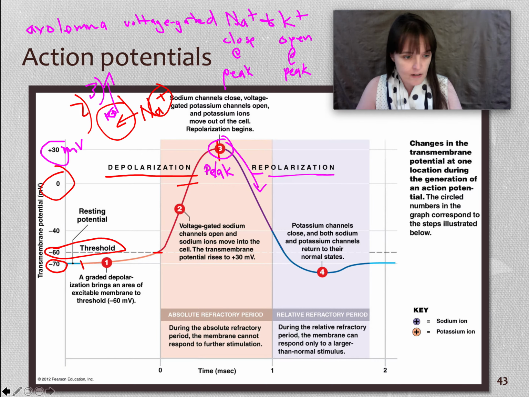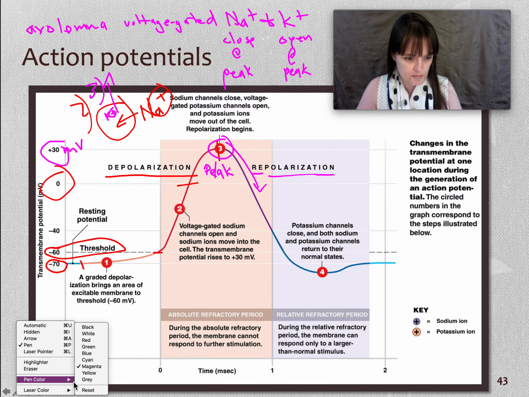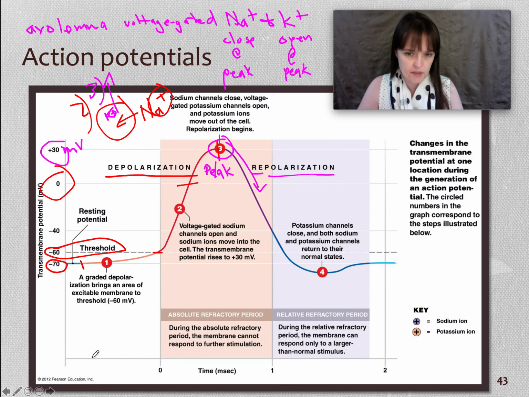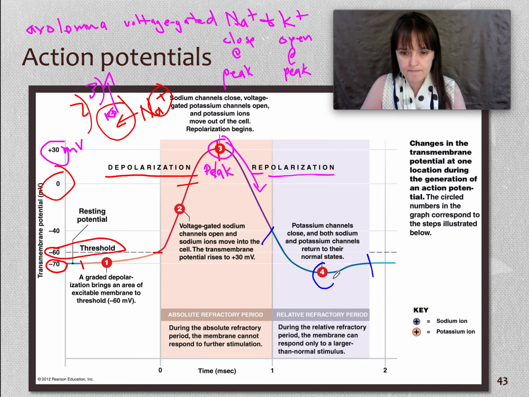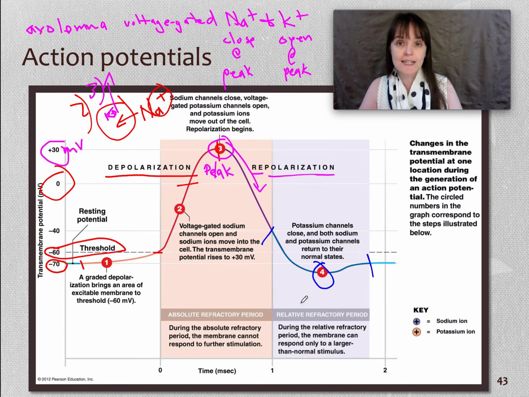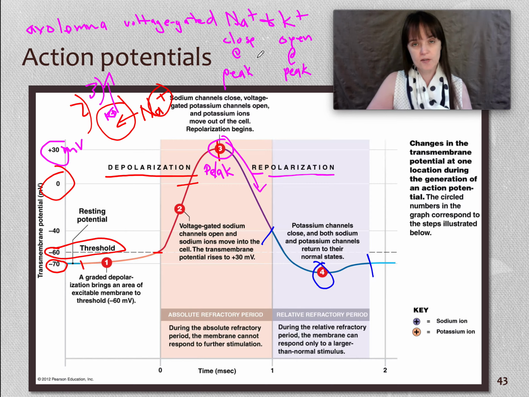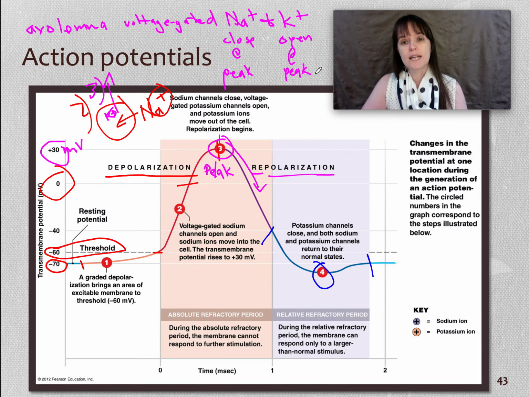And then 4, that's entirely not the button I wanted to push. Try again. Blue. There we go. So 4 here is when you close the potassium channels. Now when the sodium channels close, they close fast. They're a fast channel. And when the potassium channels close, they close slowly.